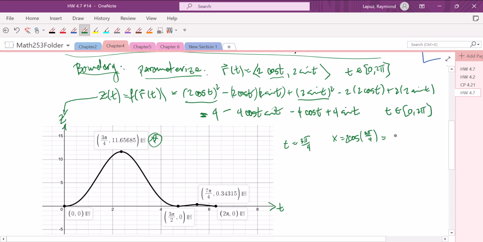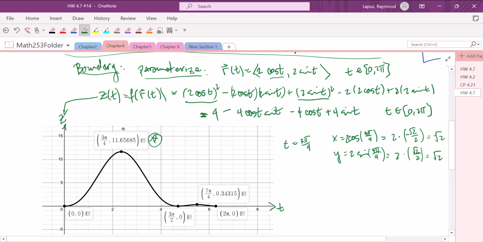So it's 2 times root 2 over 2, but it's negative because it's in the second quadrant. So this is going to give a negative square root of 2. Your y value is going to be 2 sine 3 pi over 4, which is going to be 2 times, I think this is positive root 2 over 2. So that's just a positive root 2.